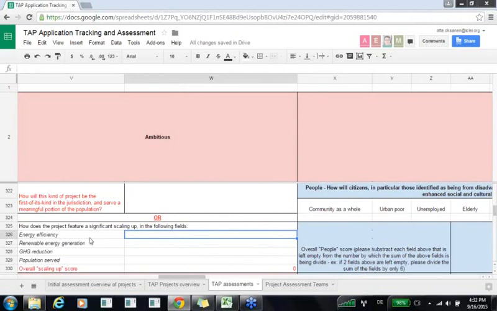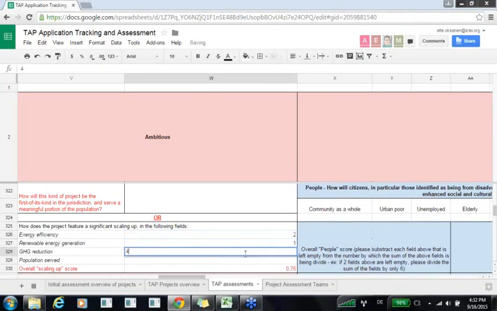So is it a significant upscaling in terms of energy efficiency, in terms of renewable energy generation, in terms of greenhouse gas reduction, or in terms of the population served, all of these 4 subcategories. And by giving points here, 4 and then 3, you get an overall scaling up score.